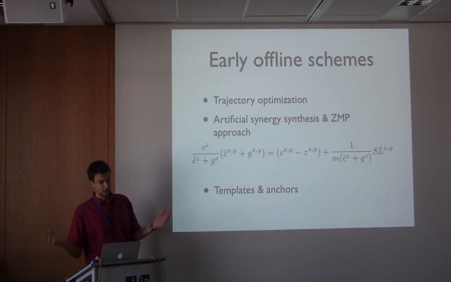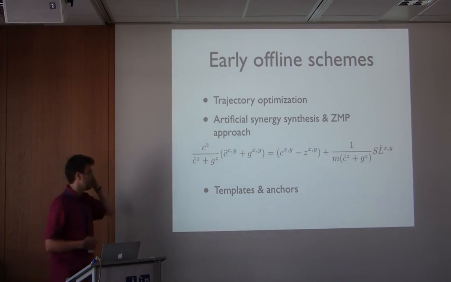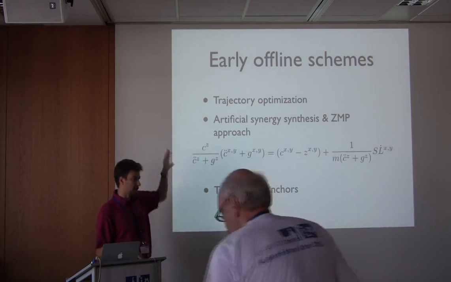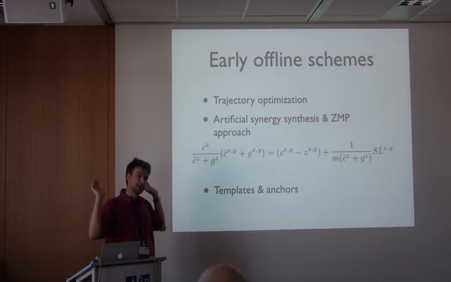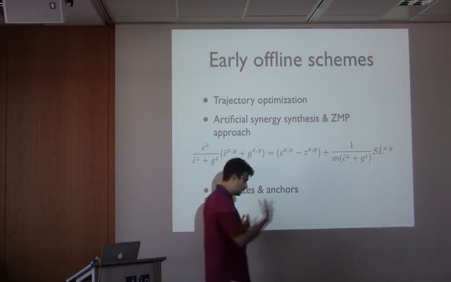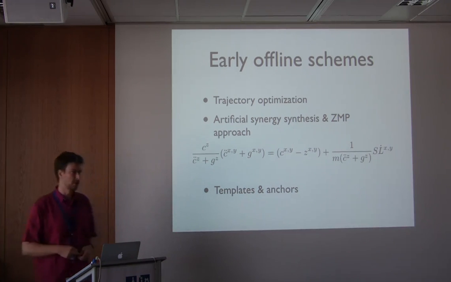You can solve trajectories for rockets to send rockets to Jupiter. So why not make a robot walk? So just write down the whole equations, as we did, and ask your numerical optimizer to find you a good trajectory. To say that you want to minimize the energy, for example, and that's it. Problem is, it doesn't work. Numerical methods are not that clever.